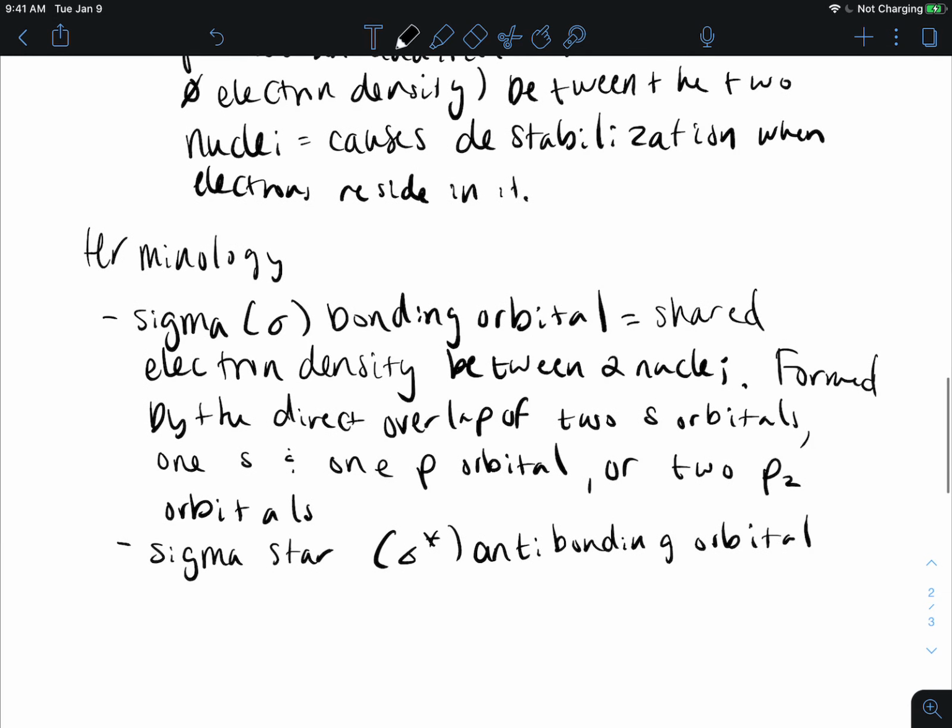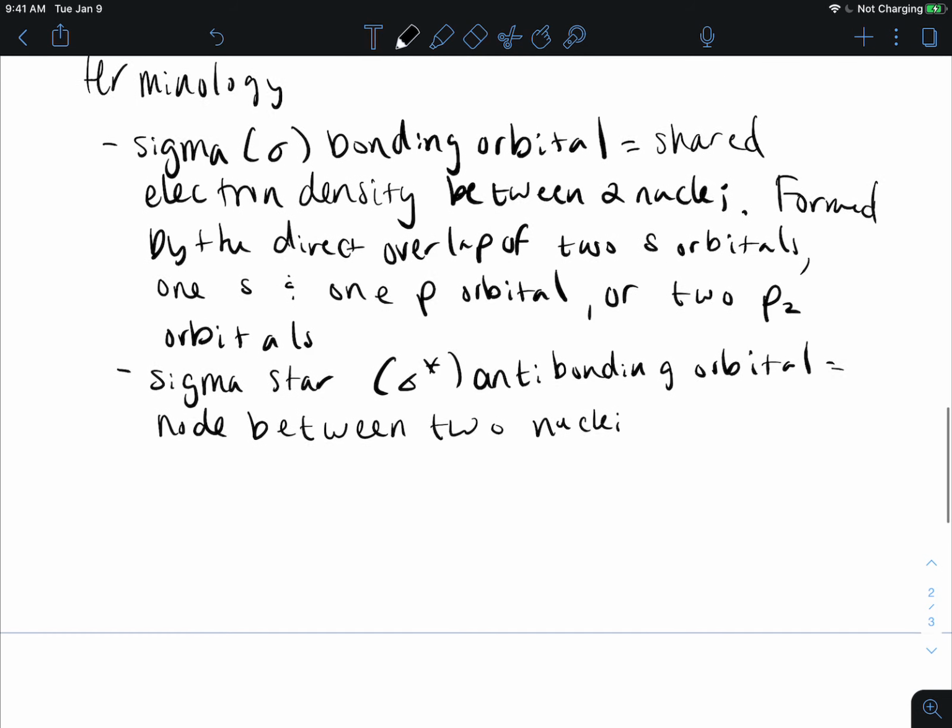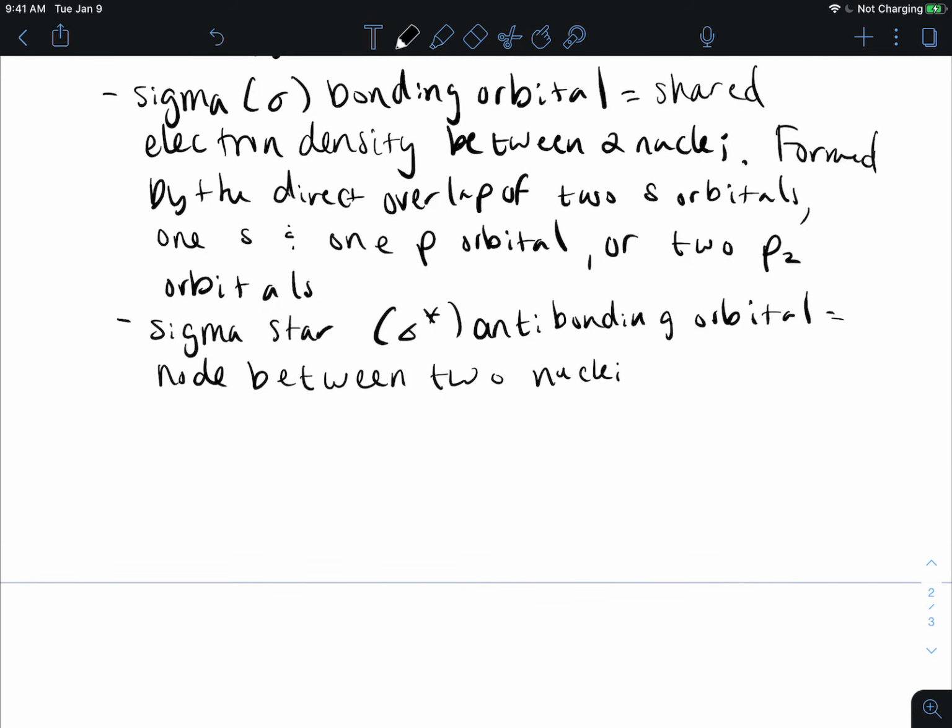This is when we have a node between the two nuclei. Now, we do not have to have direct overlap, just like we saw with VB theory. We can have indirect overlap.